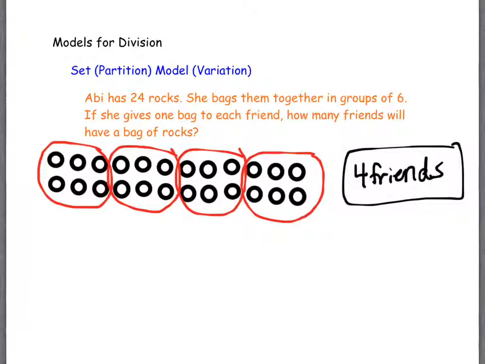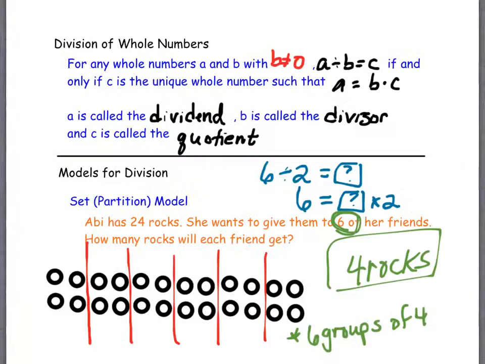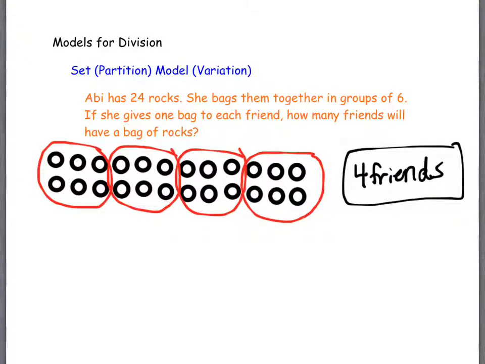In this case, 6. So the first one was 6 groups of 4. Over here, we actually ended up with what? 4 groups of 6. They feel a lot alike, but they actually are constructed quite differently.